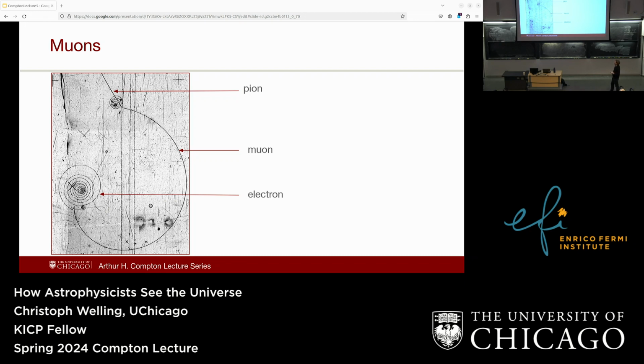This is a picture from something called a bubble chamber, which is fairly similar to a cloud chamber. From your pion here it decays, you have your muon, and eventually you can also see the muon decay here.